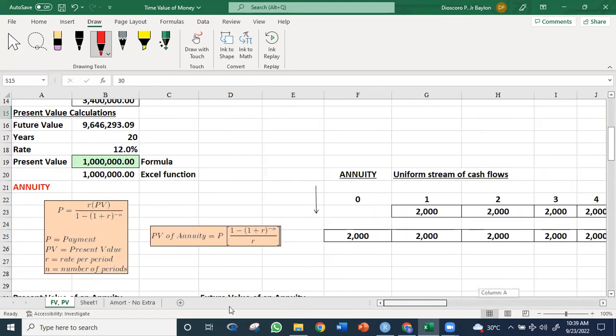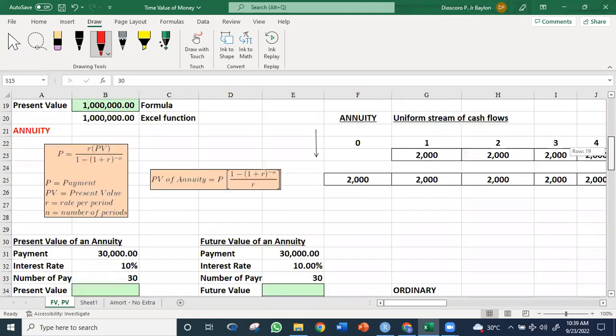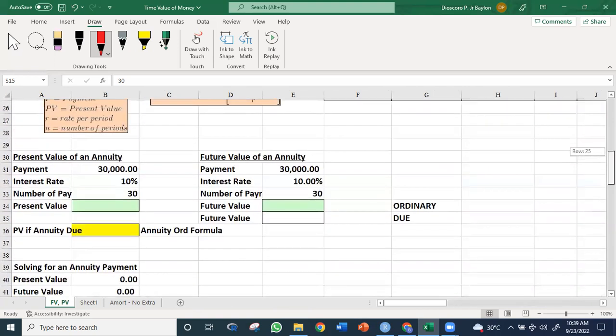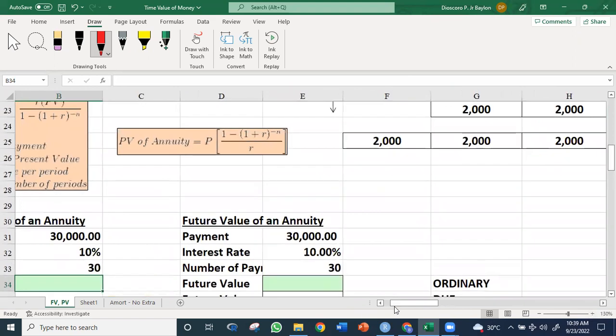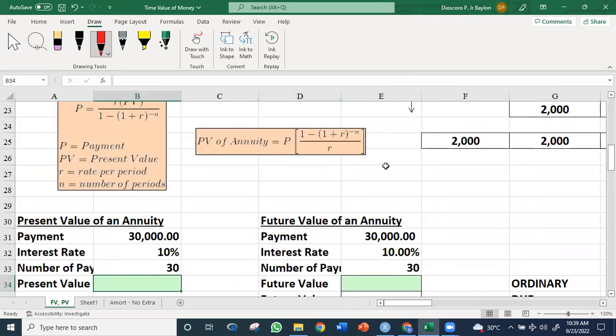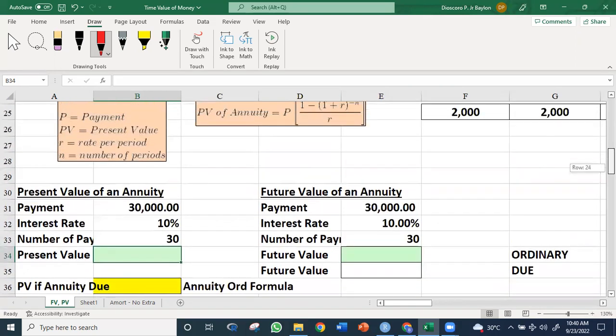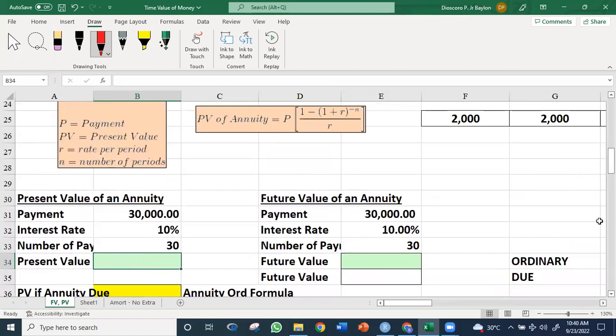So let's use the formula to compute for the present value of an annuity. All right. So this is the formula. The P is your annuity, the payment, times 1 minus 1 plus R raised to the negative n over R. So this can be quite challenging in Excel, but we can do this.